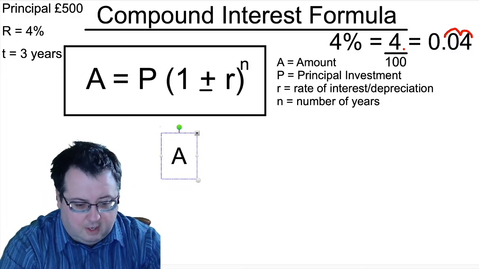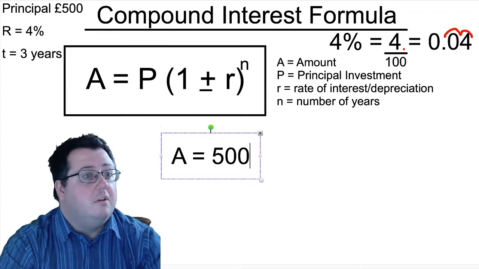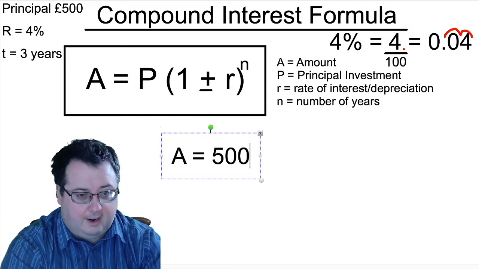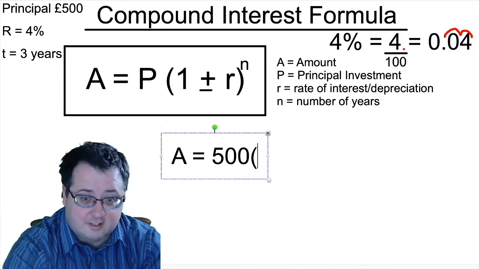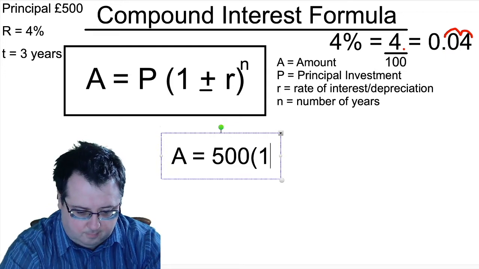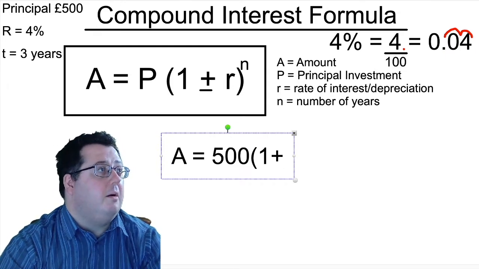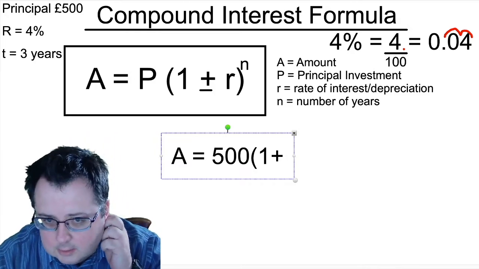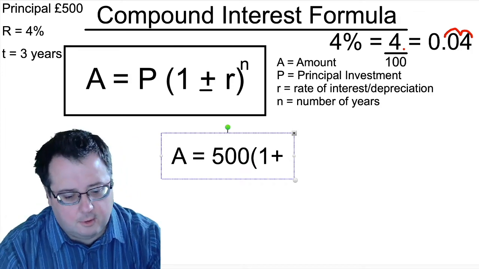So the amount we're looking for is the principal, which is £500, open brackets, 1 plus, it's positive because the rate is going up. Yeah, we're adding to the initial principal.